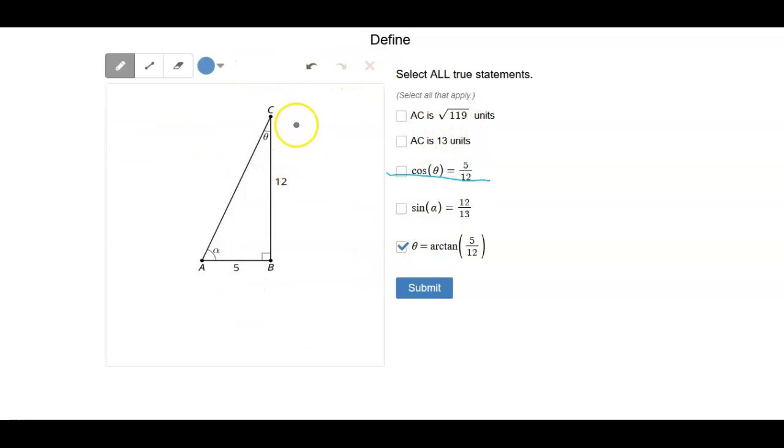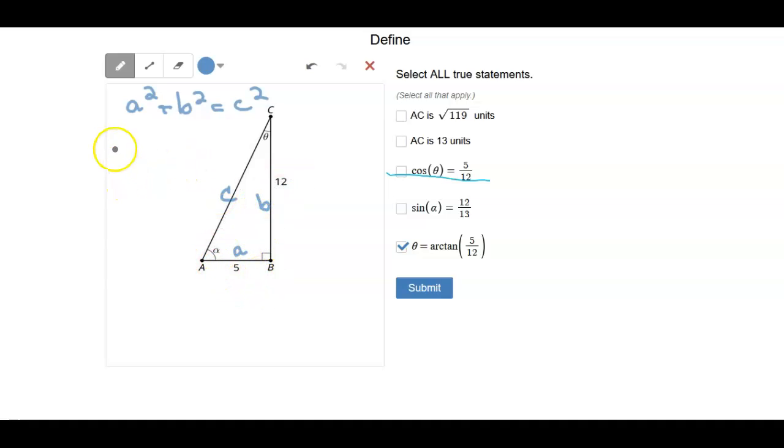Okay, so now we're going to talk about side length AC. If we want to find out what the length of AC is, we can use the Pythagorean theorem. So a squared plus b squared is equal to c squared. This is c, and these two are both a and b. Remember, a and b don't matter where they go as long as they are the legs.